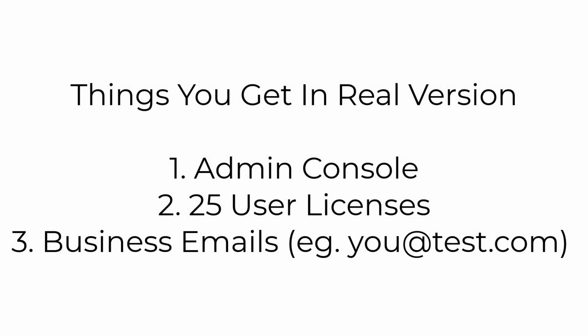After you have created your account, you will be able to add 24 more people and give them Office 365 licenses. You will also be able to add business emails, not simple emails. You can add your name at yourbusiness.com, for example support at oursolutions.in. With these 25 users, you can assign 25 business emails also.